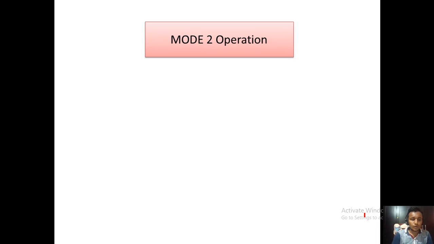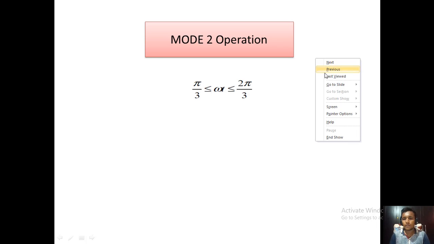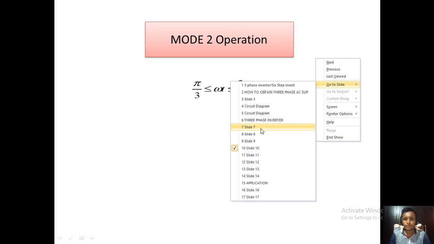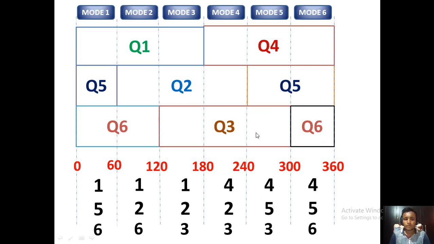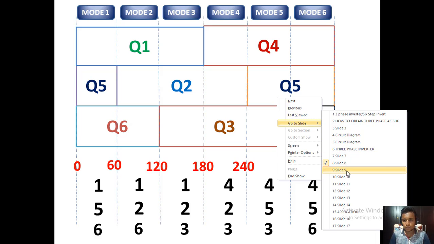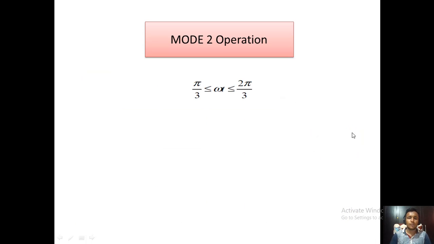Now mode 2 is the 60 to 120 degree mode. In this mode thyristors 1, 2 and 6 are on. Let us go to our slide. In mode 2, thyristors Q1, Q2 and Q6 conduct.